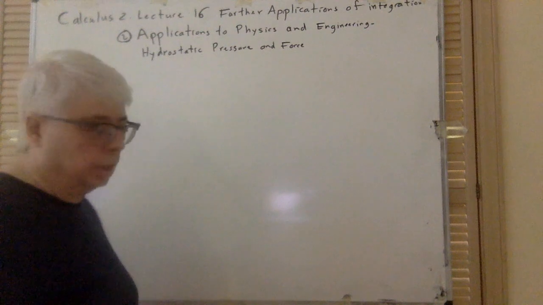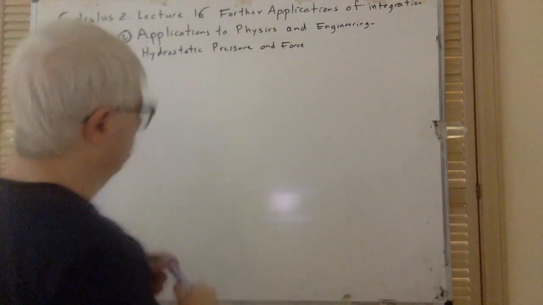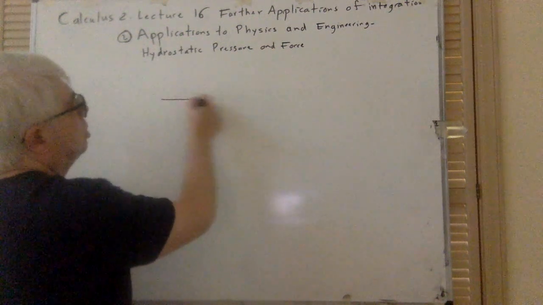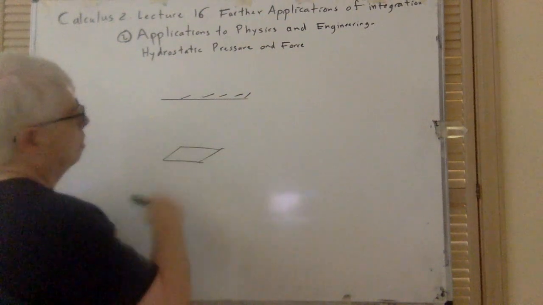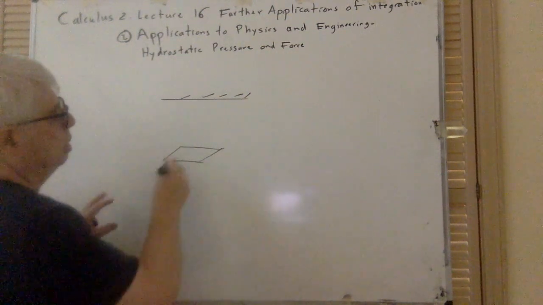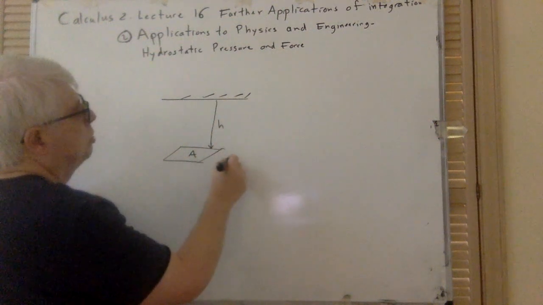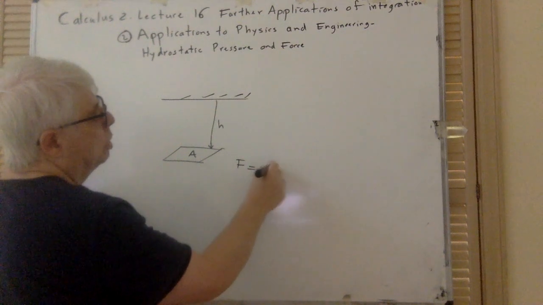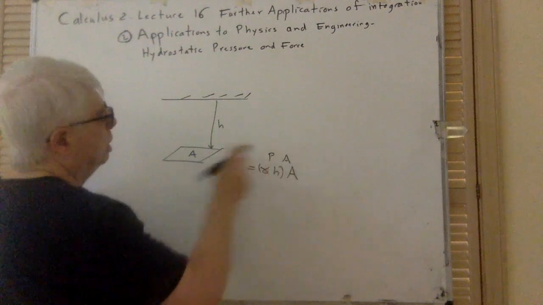So if the object is like this, it's very simple. If this is, say, the surface and the object is right here, down here, then it has an area, and if the height is h, the force on this one is simply gamma h, which is the pressure, times A, PA. It's that simple.